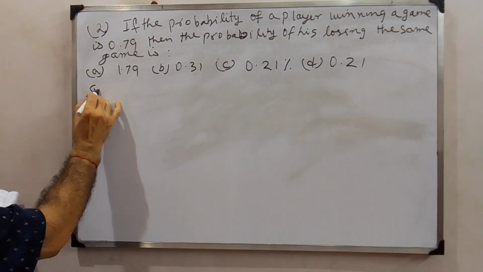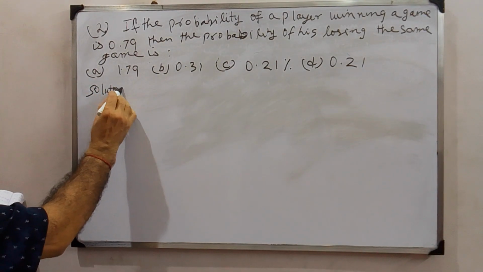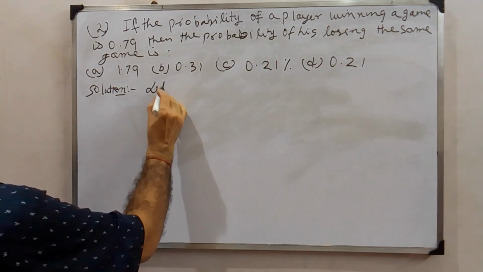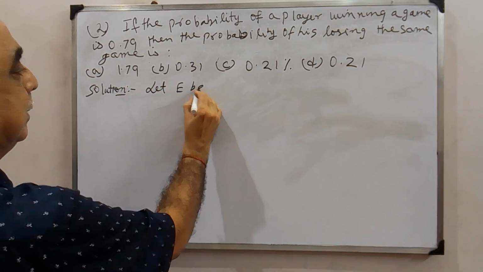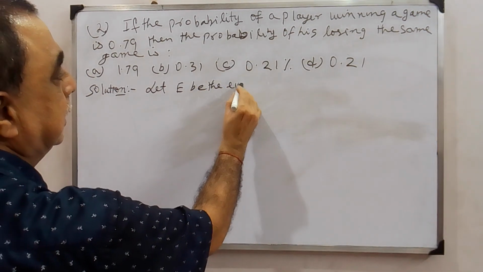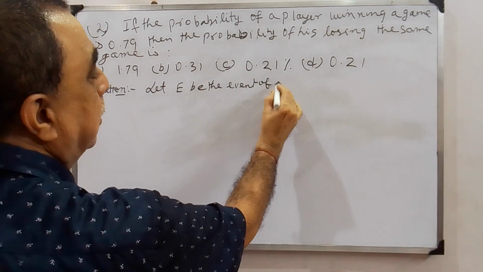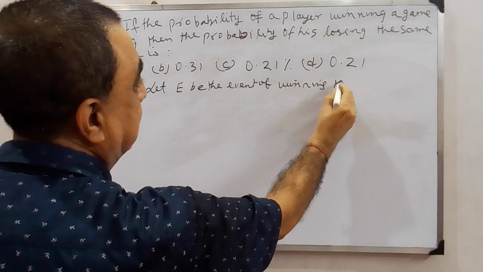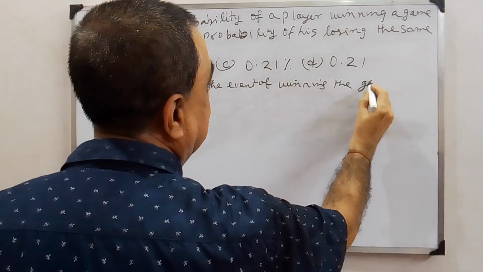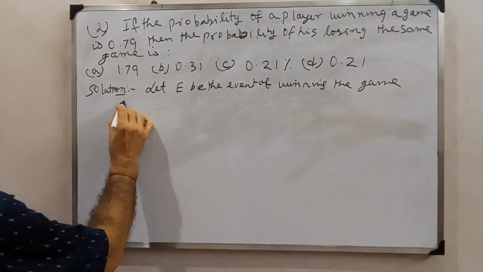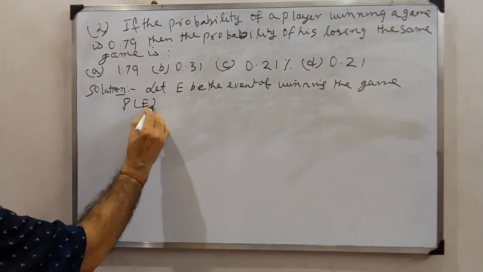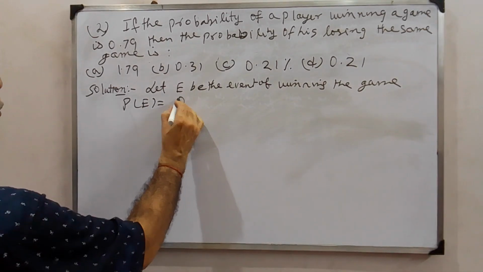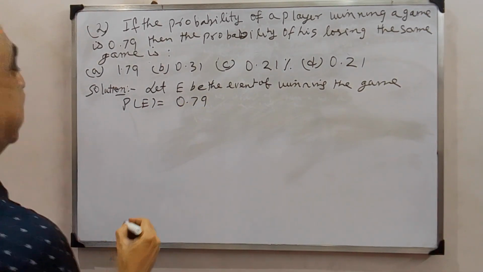How will we do this sum? See here, the probability of winning. Let E be the event of winning the game. So P(E), given in the question, is equal to 0.79.